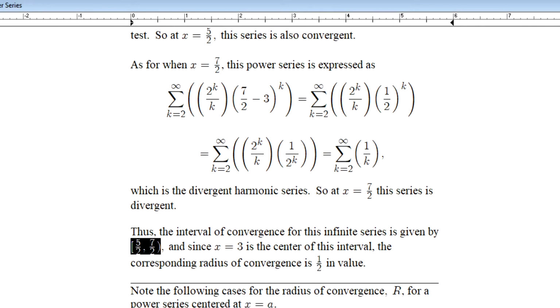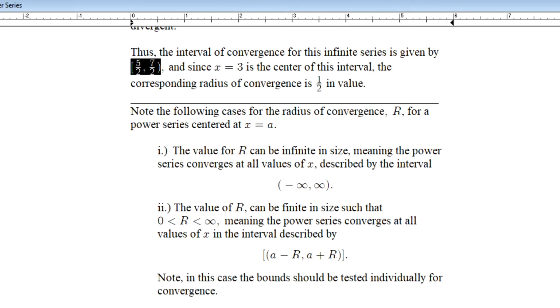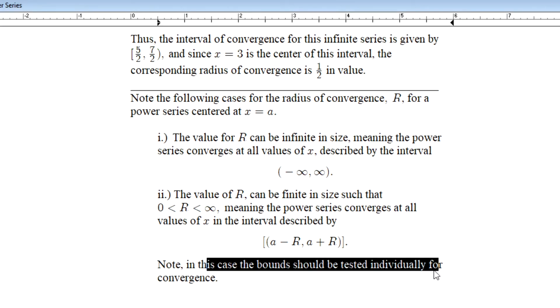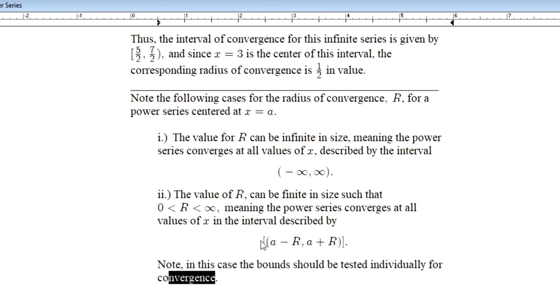One thing we do have to note is that the bounds should be tested individually for convergence. Notice these are the bounds: minus r and plus r around where we are centered, the center plus or minus our radius of convergence.